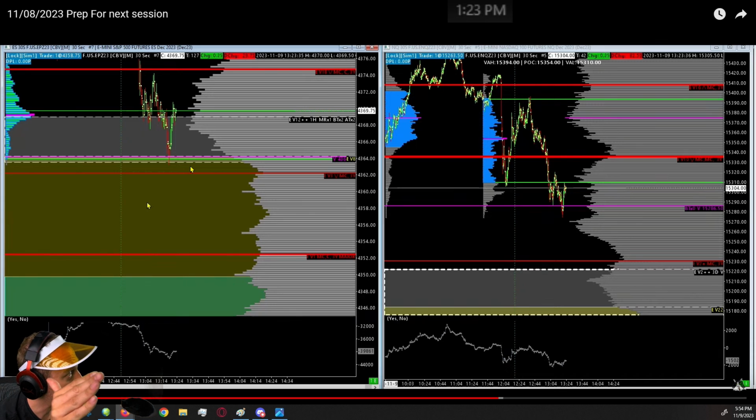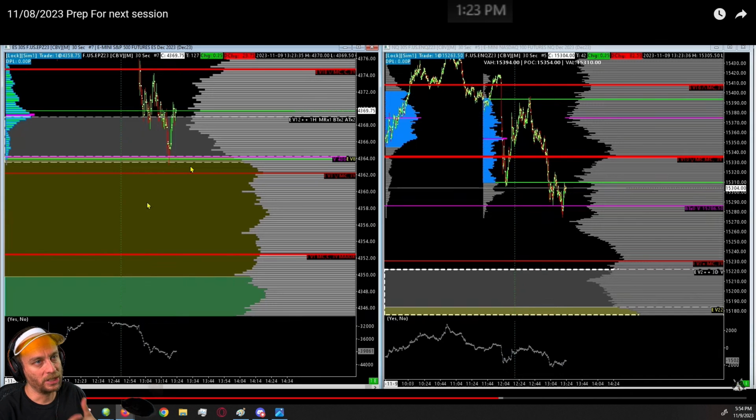Now we do have the pink lines, which are current value areas or current profiles, current ranges. If I'm trading a current range, since the profile's ebbing and flowing and moving, we can't lock it in and make it a white box. It's not a prior value area. It's developing.